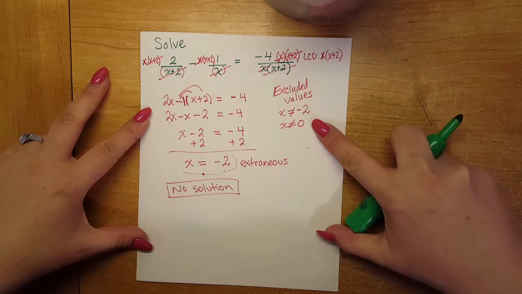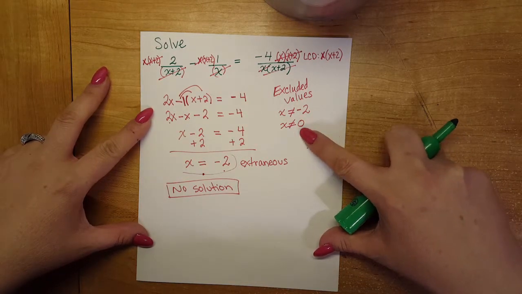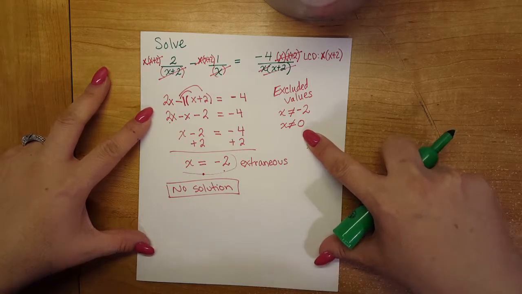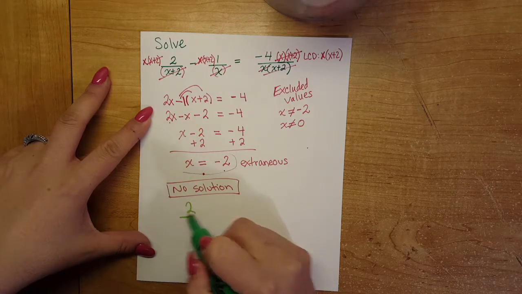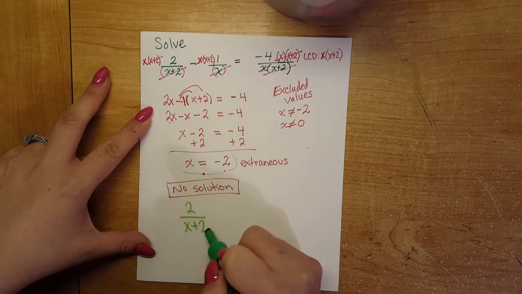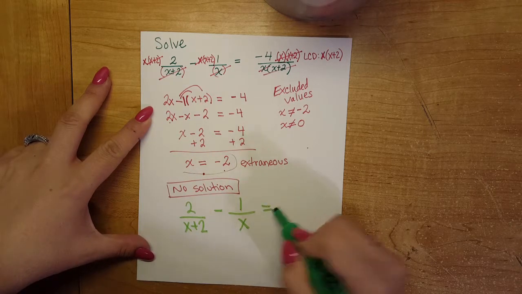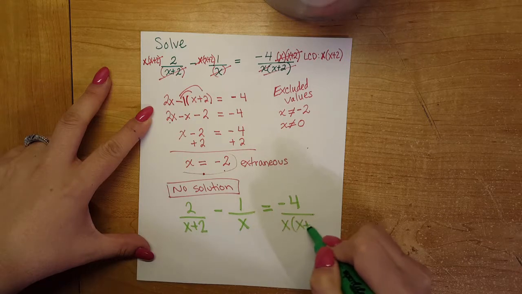I want to emphasize why x cannot be negative 2 and it cannot be 0, which is also known as our extraneous solutions. If we look at the original problem, we had 2 divided by x plus 2 minus 1 divided by x is equal to negative 4 divided by x times x plus 2.